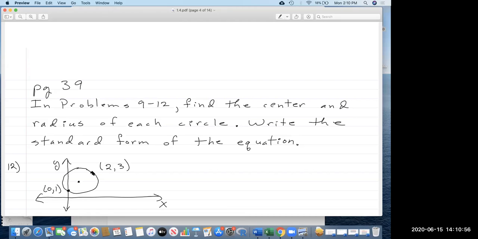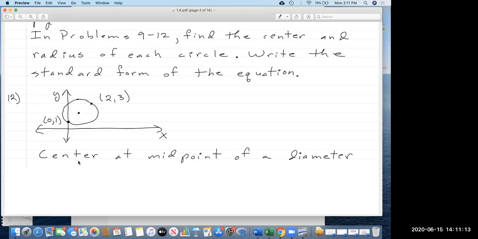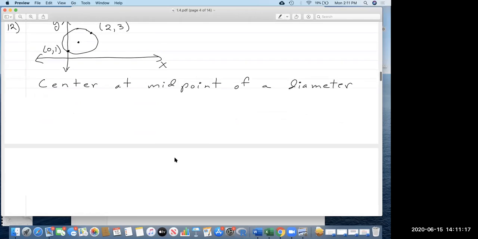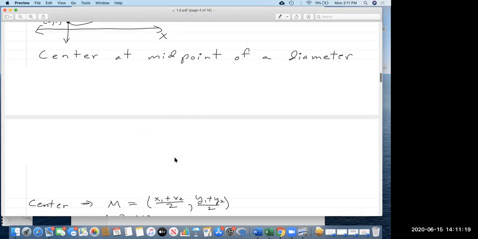A diameter is a line joining 2 points on the circle that passes through the center of the circle. The center of a circle is located at the midpoint of a diameter. And so the center is just found by finding the midpoint.